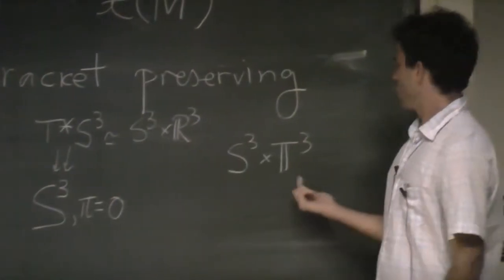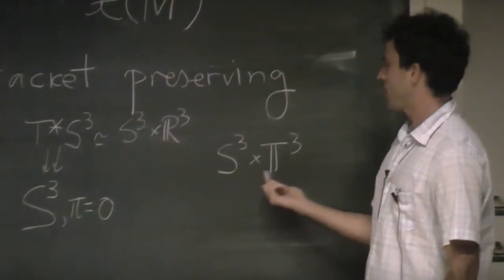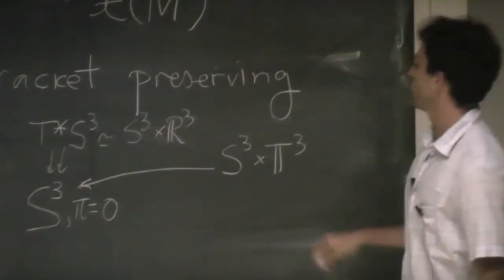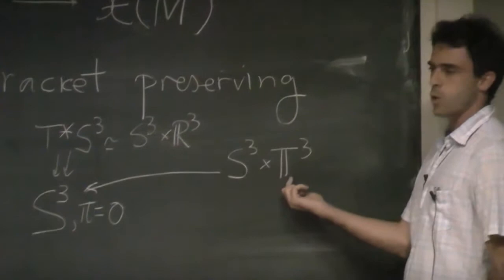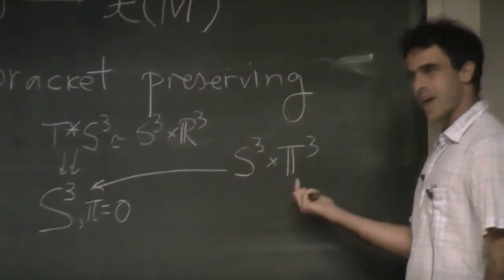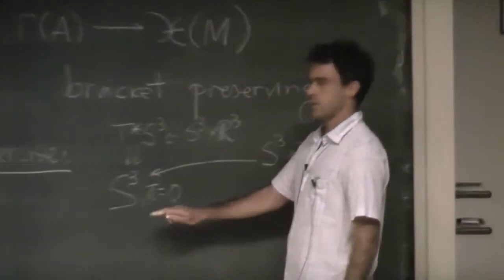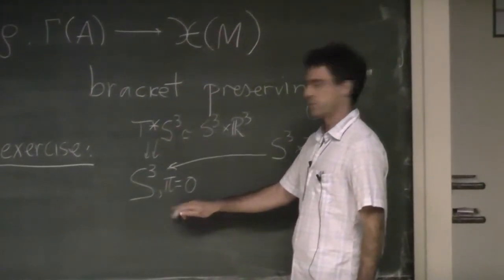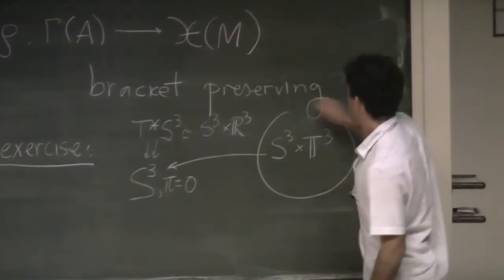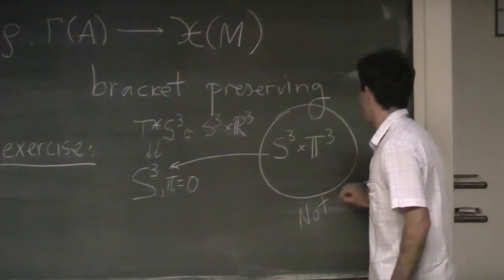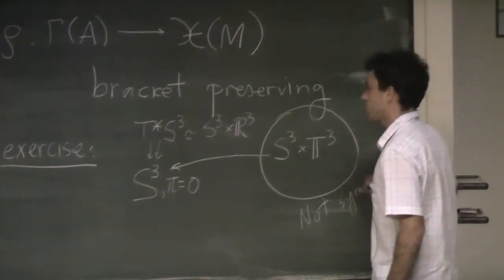Here the source and target are just the projection onto the first factor, and the groupoid operation is just the torus operation fiber-wise. So this is again a groupoid integrating the same algebroid, that is the algebroid coming from the Poisson structure. But this one, even though it's a Lie groupoid integrating it, is not symplectic. It does not carry any symplectic form. So the exercise is to understand why.